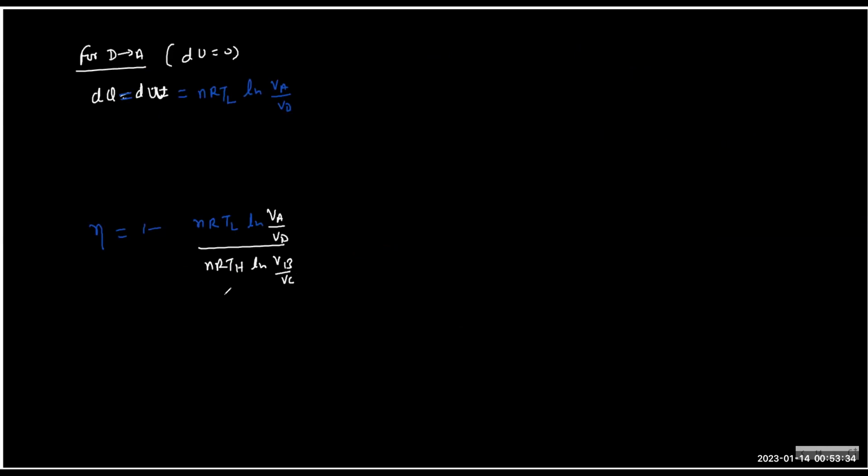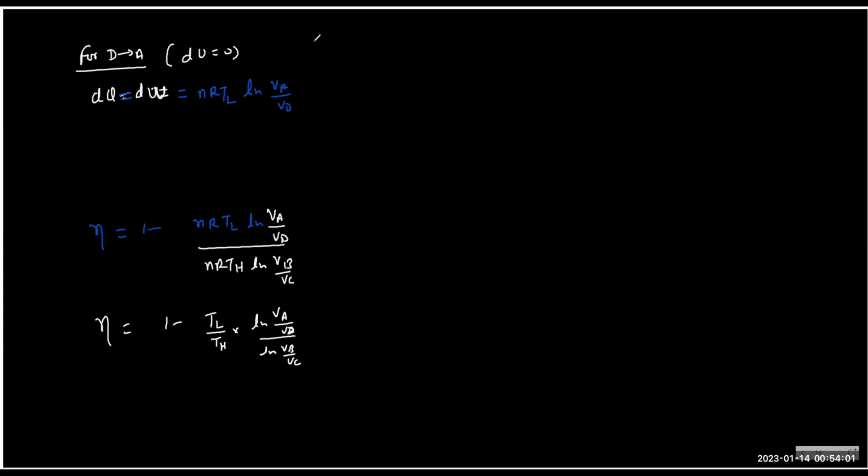Once you write the positive value, the answer is 1 minus T_L by T_H into ln(V_A/V_D) upon ln(V_B/V_C). And these things we can correlate easily with the help of the process. Understood?